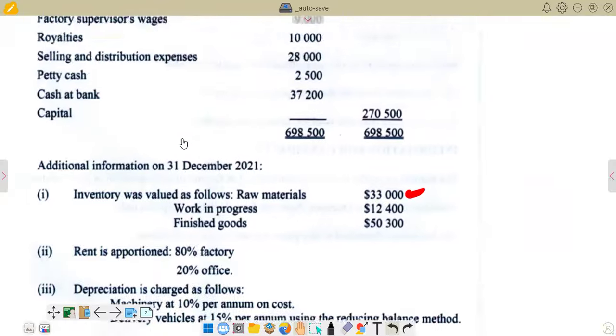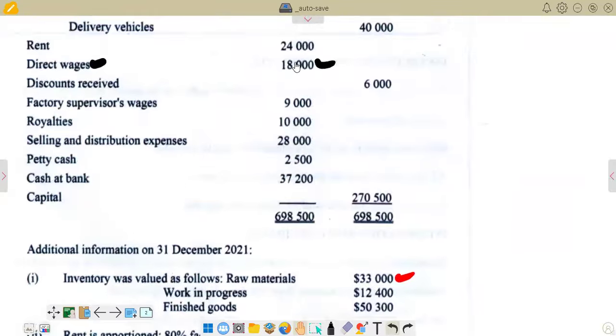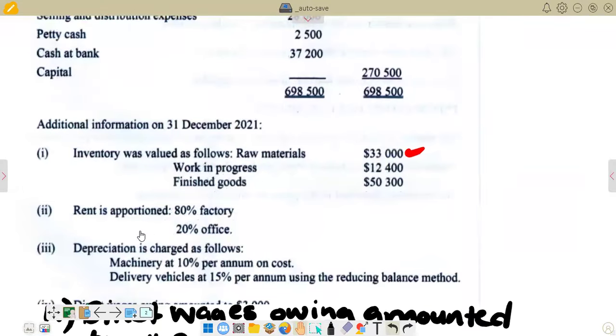So the figure that we have for rent is 24,000. We are going to say 80% of 24,000, which as a decimal is 0.8, and then we multiply by 24,000. So this is how we are going to calculate it. Let's enter it as such.